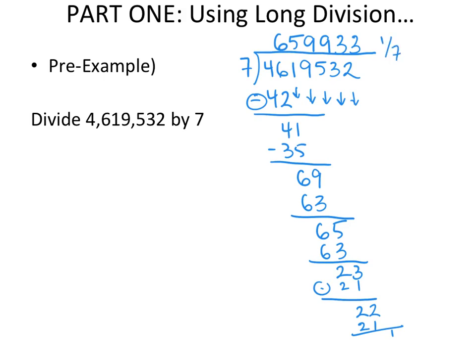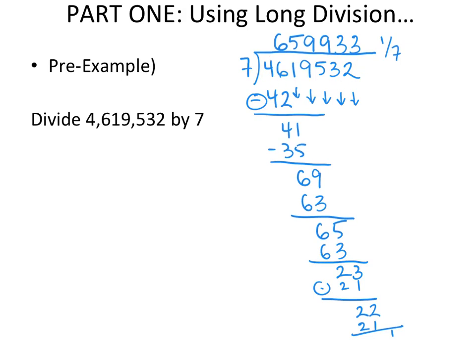So the answer would be 659,933 and 1/7. It's also worth noting that my answer, which is called the quotient, times my divisor, what I divided by, would get me back to my original. That's going to be important moving forward.